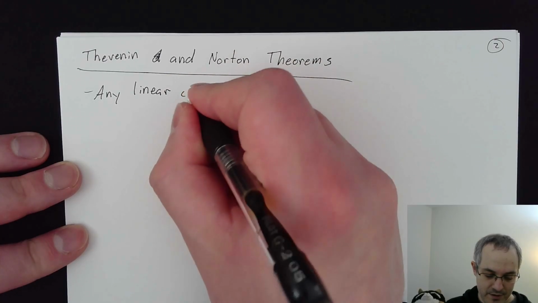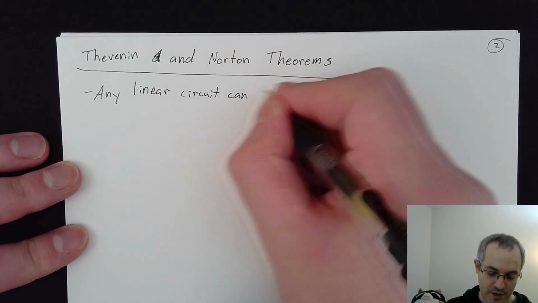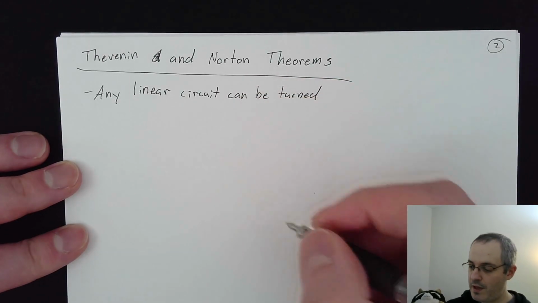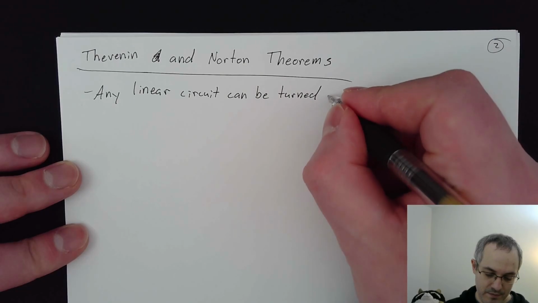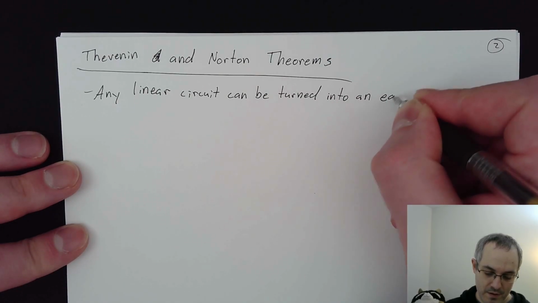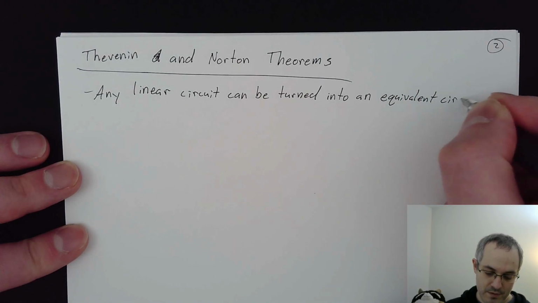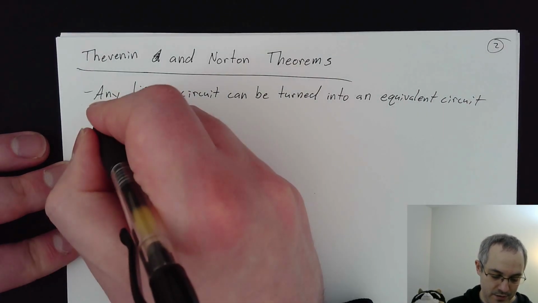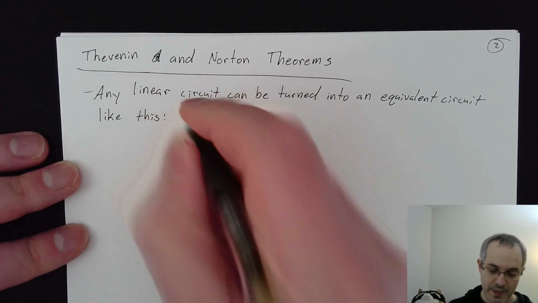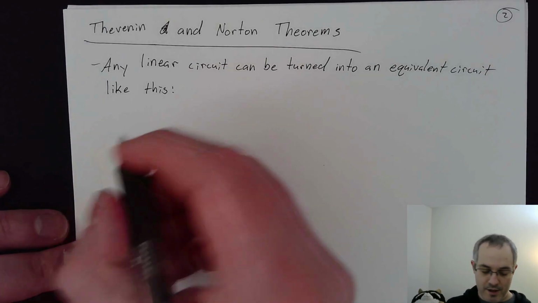Any linear circuit can be turned into an equivalent circuit, like this. So I'm saying like this because a picture is worth 1,000 words here. I don't want to describe a circuit in words, and it's a pain in the butt.